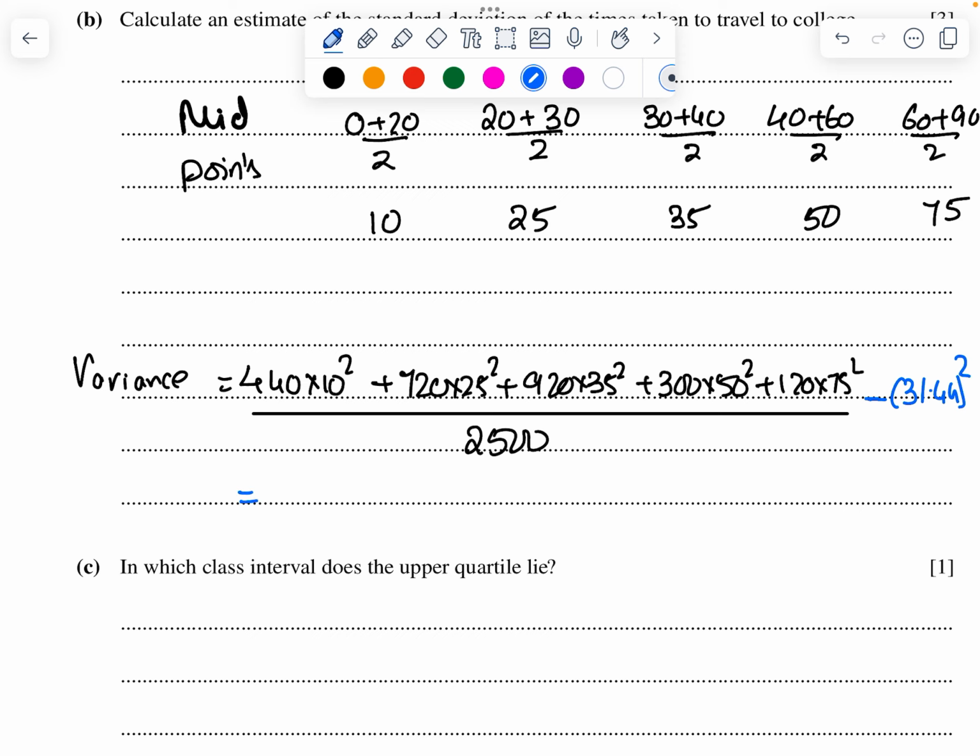Simplify that, you should be getting 229.9264. This is the variance. The question is asking the standard deviation, which is the square root of 229.9264, which is going to be 15.2. That is the answer.